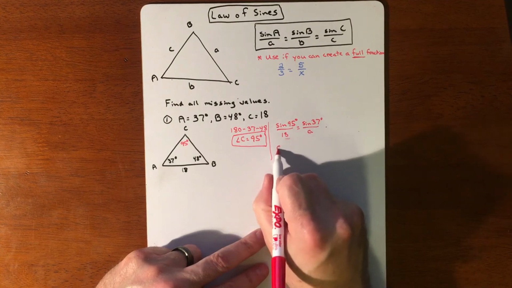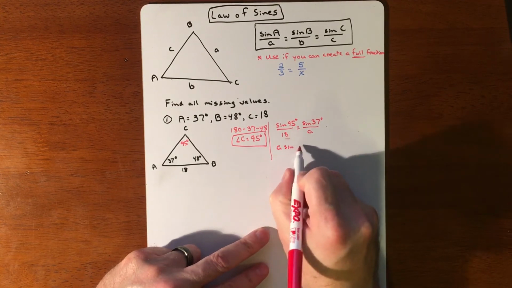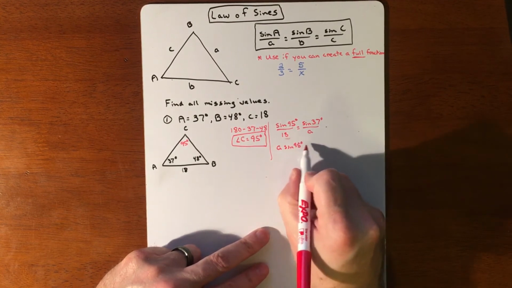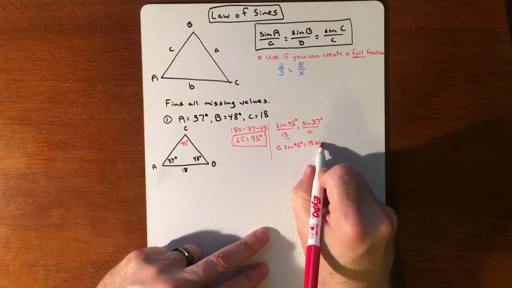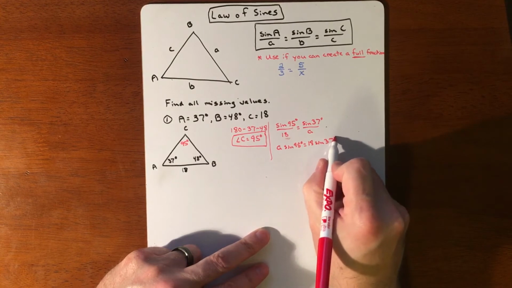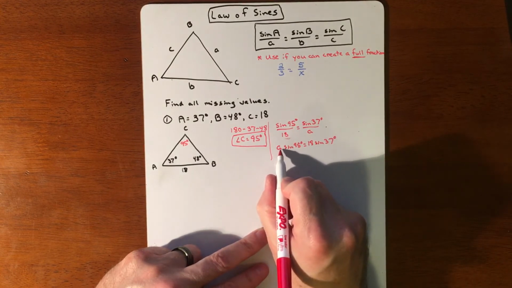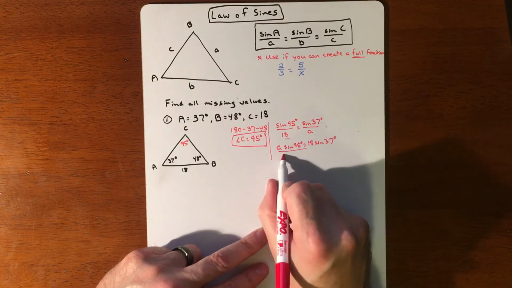So A times sine of 95 degrees equals 18 times sine of 37 degrees. Then we're looking to get A by itself, so we'll divide by sine of 95.